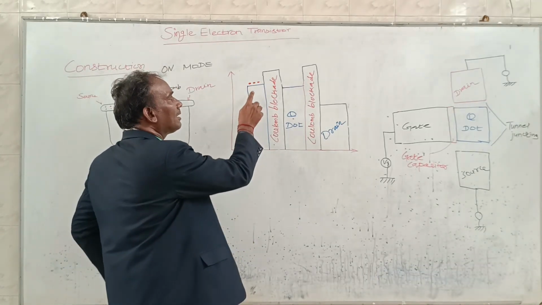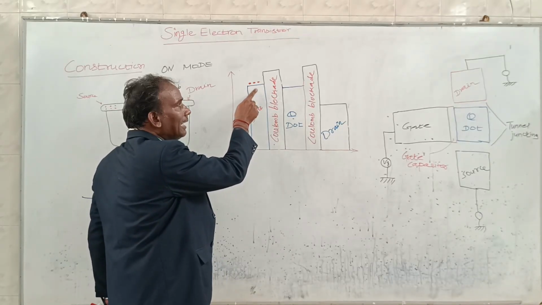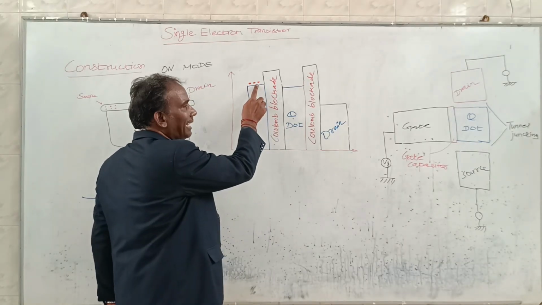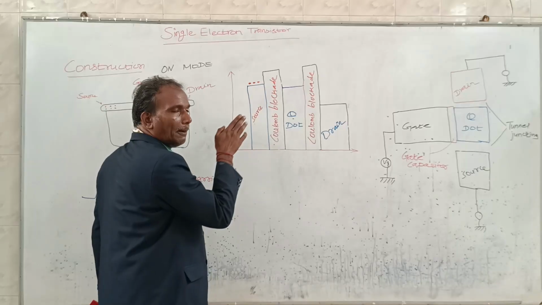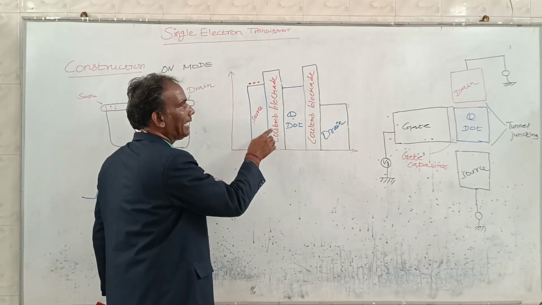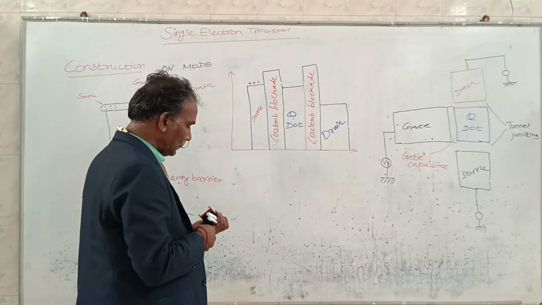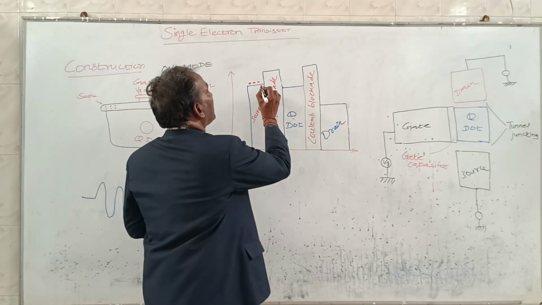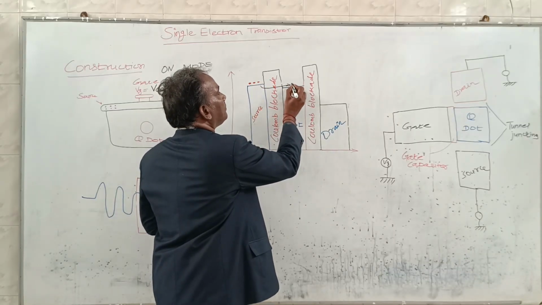So the electron from the source tunnels through the Coulomb blockade because the electron exhibits its wave nature, right? So it is able to penetrate through the Coulomb blockade and reach the quantum dot.